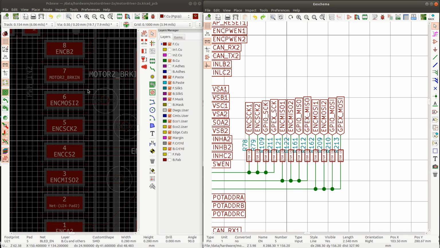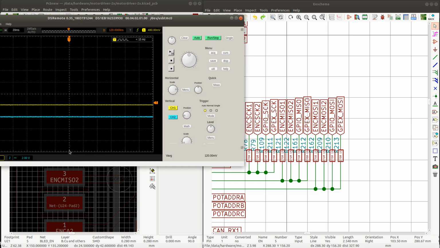There. Pin number 5 on this side. The chip select seems to be low. Is chip select low?